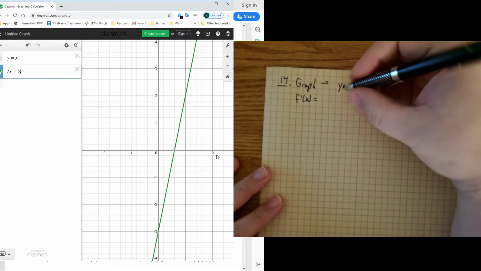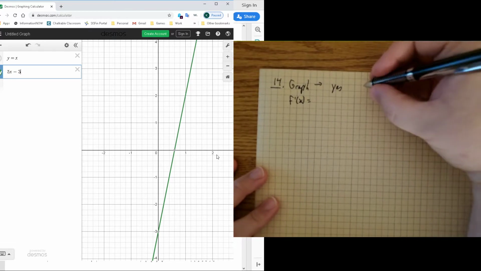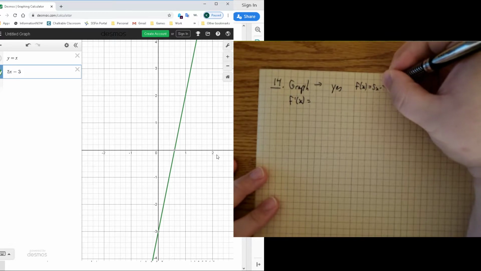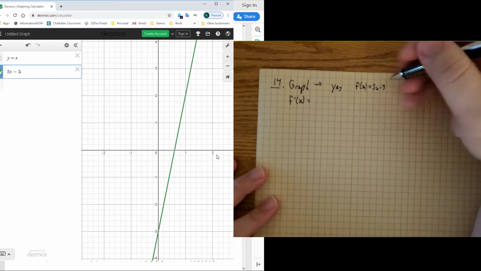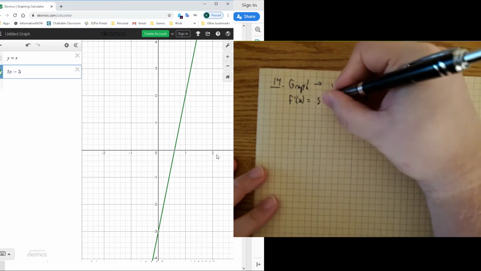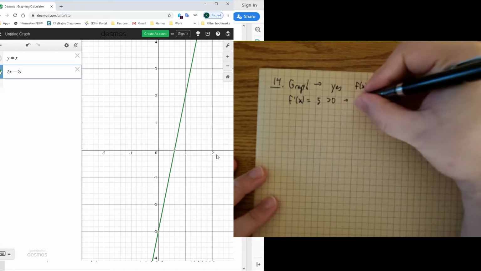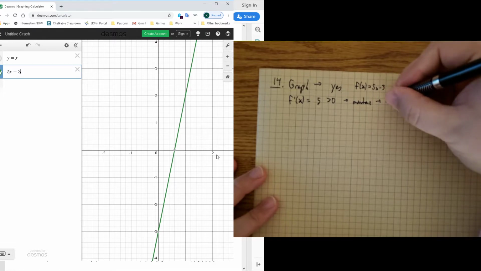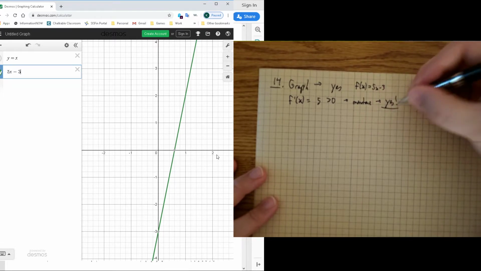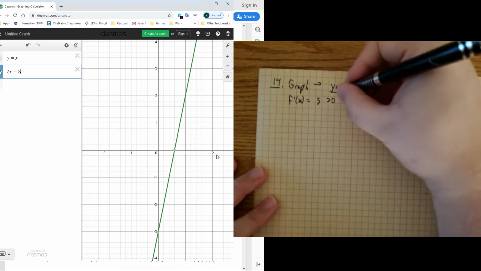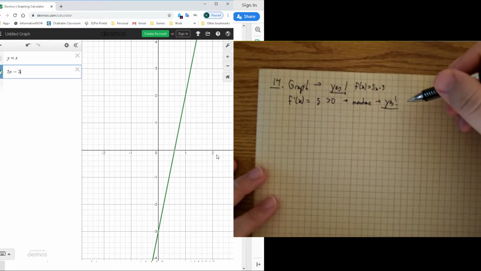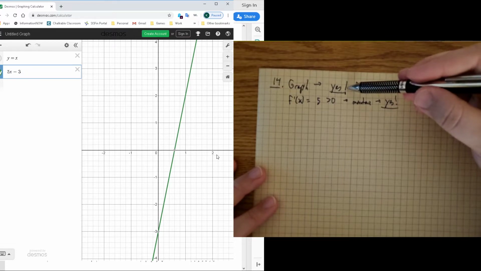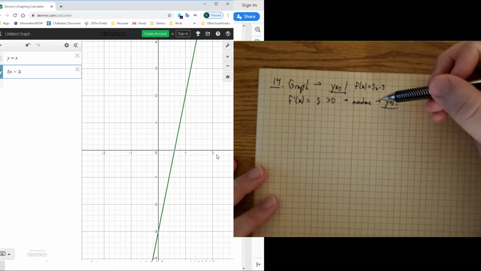If my original function is f of x equals 5x minus 3, I can clearly see that if I take the derivative, f prime is going to be 5, and 5 is always bigger than 0. That makes it monotonic, which means yes. Both of them pass the test. That's why it works: it passes either with the graph using the horizontal line test, or with the derivative.